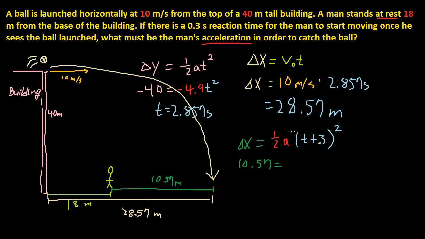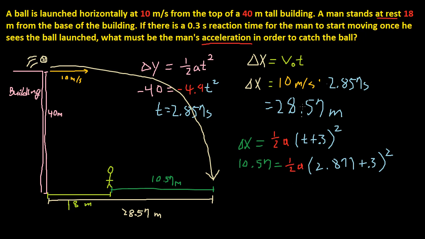We're trying to figure out the acceleration here, so I'm just gonna plug in the numbers for right now. t is how long the ball takes to fall, which is 2.857, so 2.857 plus 0.3, squared.